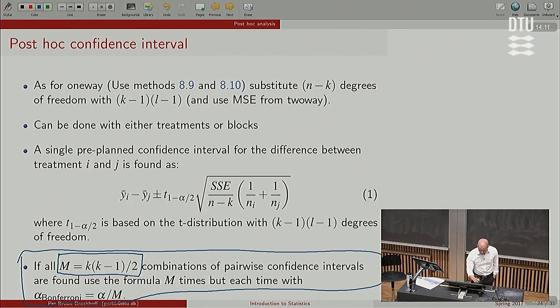Then the Bonferroni rule would be, if that's the name of the game, if that's the game I'm doing, then don't use 5%. That's much too optimistic when you just do 66 hypothesis tests by one press on a button. Then I should use 5% divided by 66. Much more critical, right? Much more strict level. I would require differences to be more different to allow myself to call them significant. And that makes sense, right?